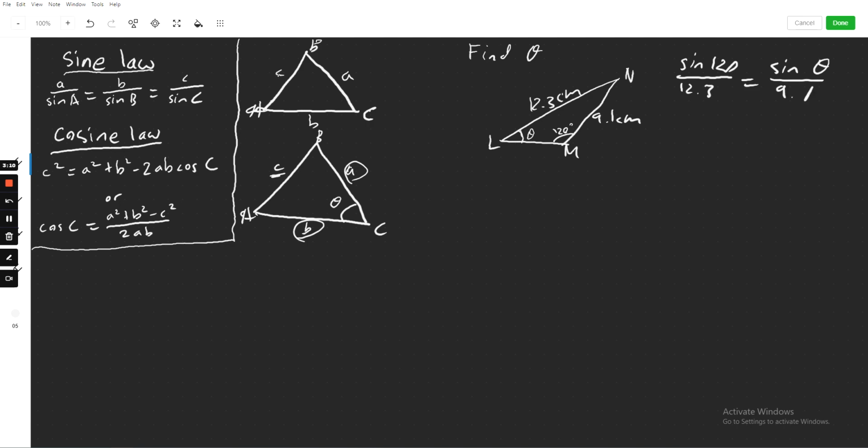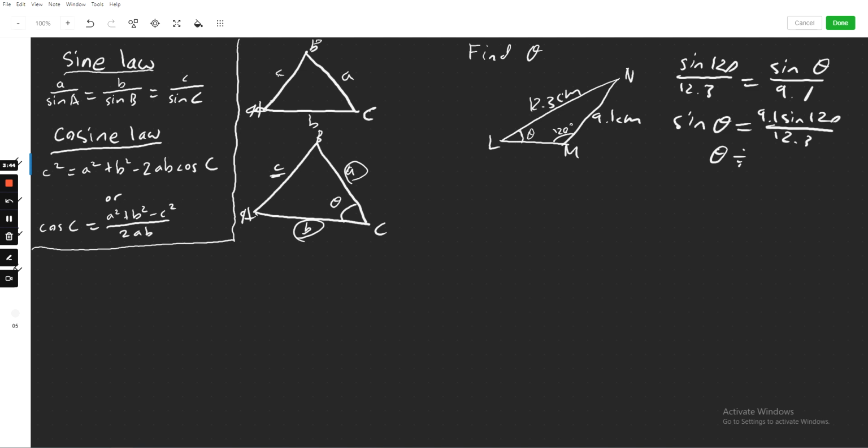So when we rearrange, it'll be sine theta equals 9.1 times sine 120 over 12.3. Therefore, theta is equal to about 9.1 times sine 120 divided by 12.3, and then inverse sine.